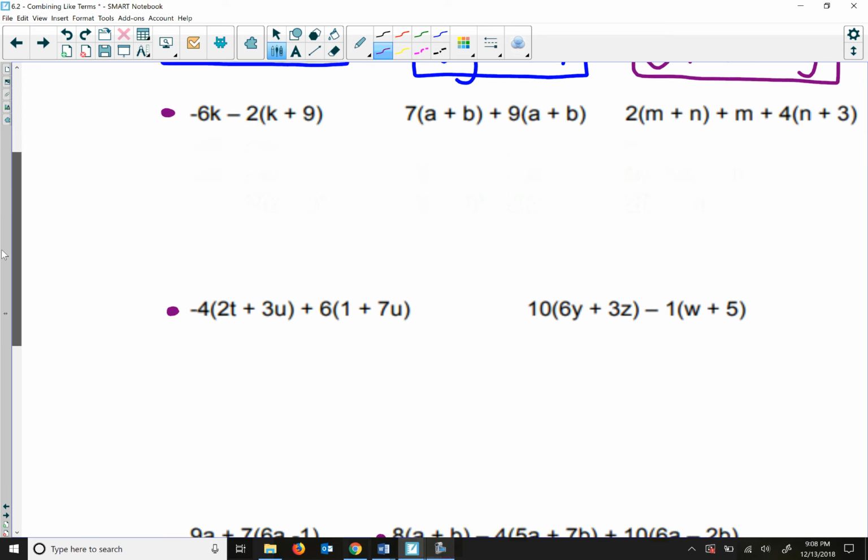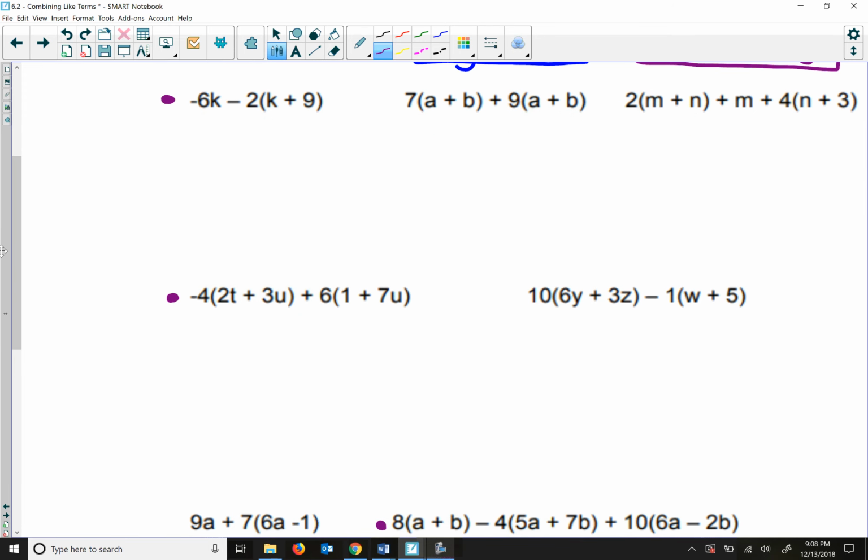Okay. So here with this negative 6k minus 2, the reason I want to do this one is because, again, they move that distribution in just a little bit, but you have to take that negative 2. You have to bring that negative along with the 2. Okay, that's really why I wanted to talk about this problem. So I've got negative 6k minus 2k, and then I've got negative 2, right?